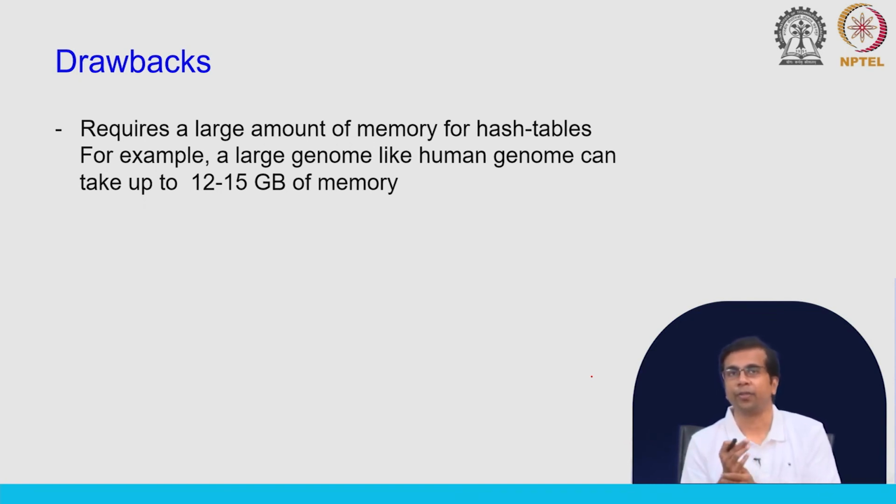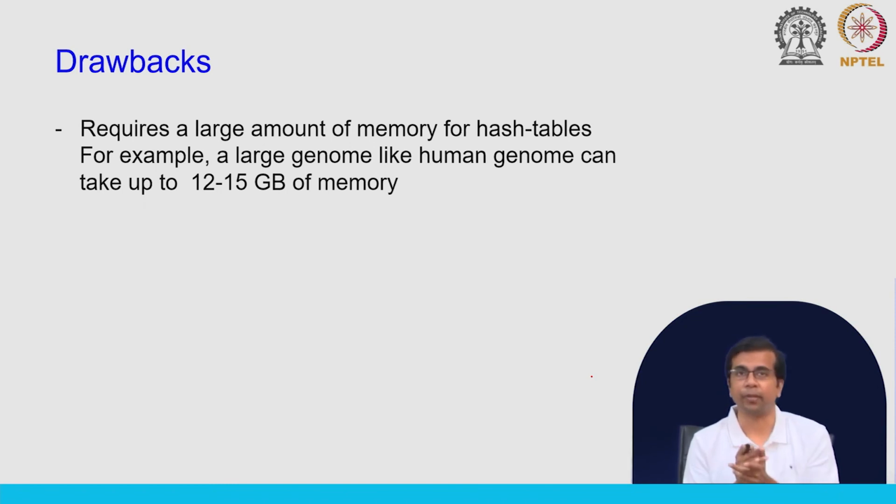During running the tools, you will have to load that data in the memory. That is why the whole process is very fast, because this whole hash table is in the memory of the system, and you can simply search these seeds from the read against this hash table. So, if you have to load this whole thing in the memory, it will take a lot of space.